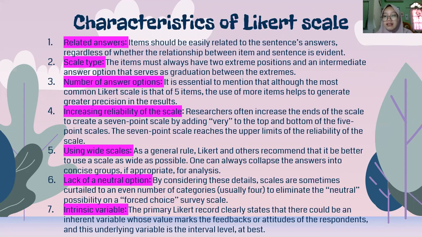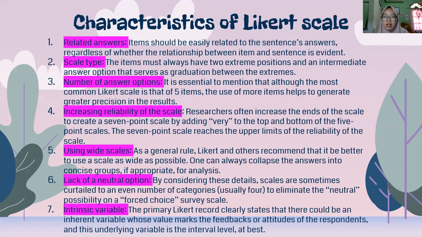Some significant characteristics: the Likert scale consists of, the first, related answer. Each item should be easily related to the sentence answer, regardless of whether the relationship between item and sentence is evident.